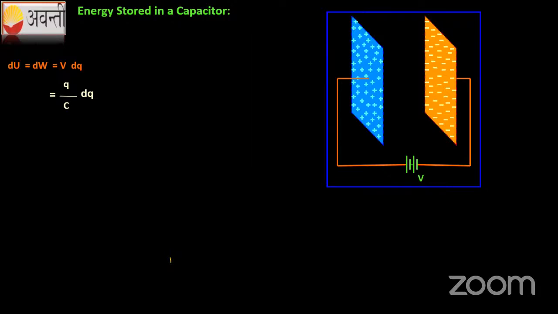Similarly, here dw amount of work we need to do on a plate of a capacitor to store the dq amount of charge.